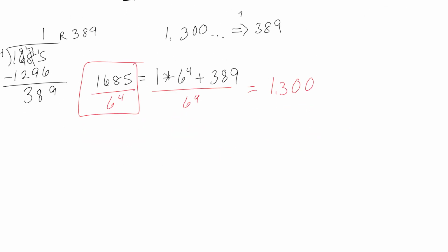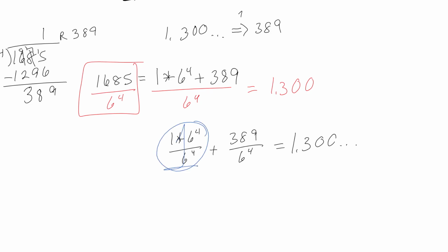And this is giving me the 1.300 thingy. Well, because I'm amazing at math, I know that I can separate this out to 1 times 6 to the 4th over 6 to the 4th plus 389 over 6 to the 4th is equal to this 1.300 thing. Well, this here is just 1. You're going to see where I'm going with this.